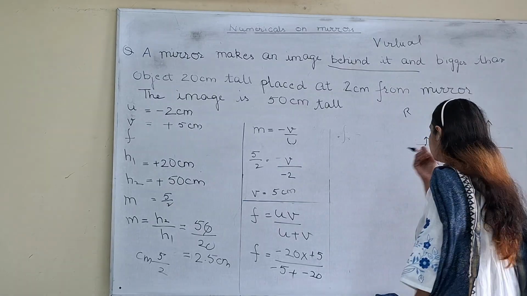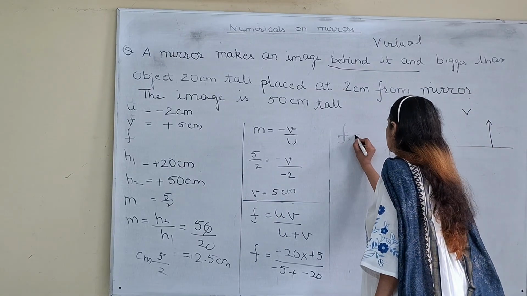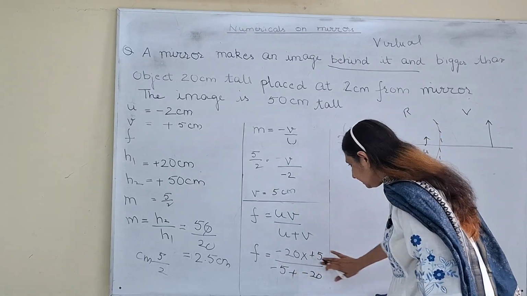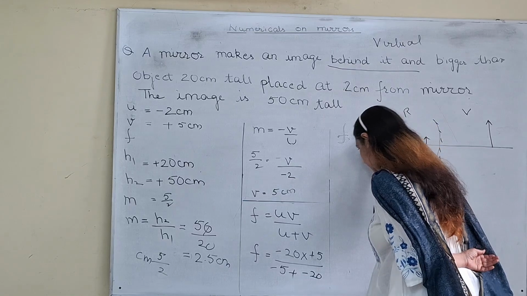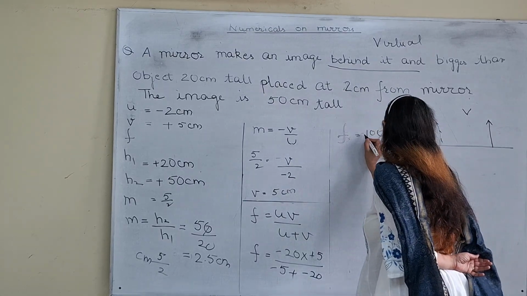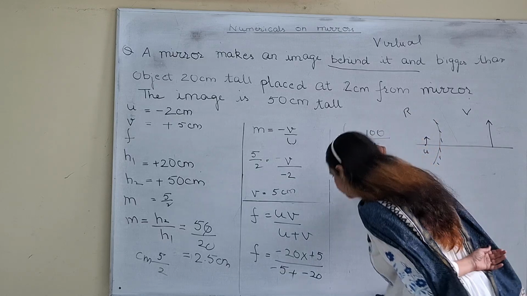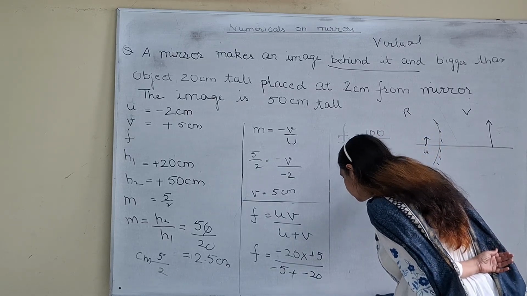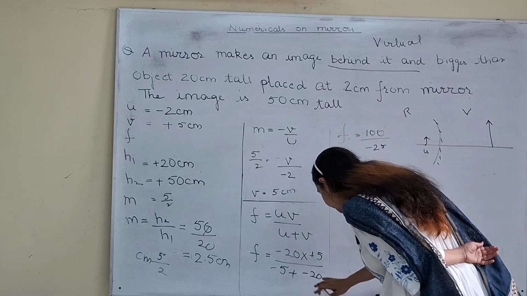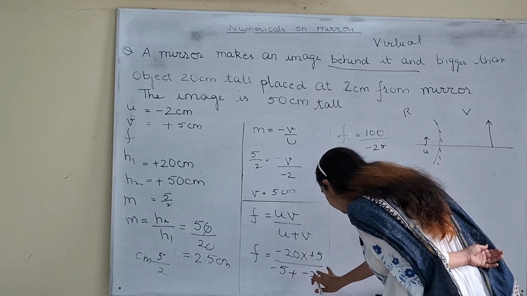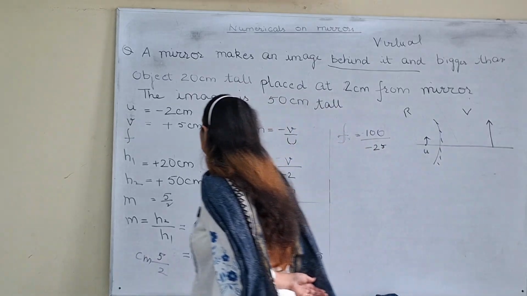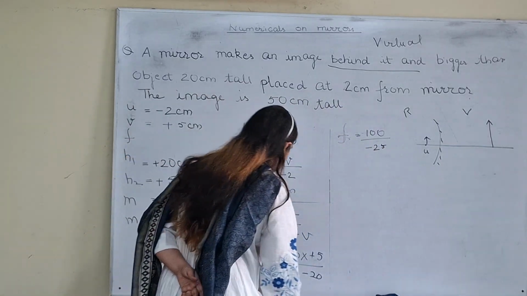Okay, so let's write it now. 100, and what will be the sign? Minus 100 upon, sorry, plus minus 25, and the sign here will be negative. u will be minus 2. What am I doing?